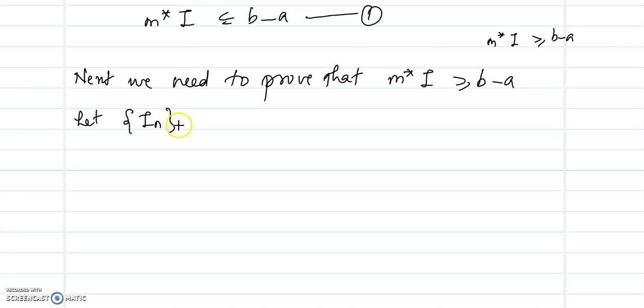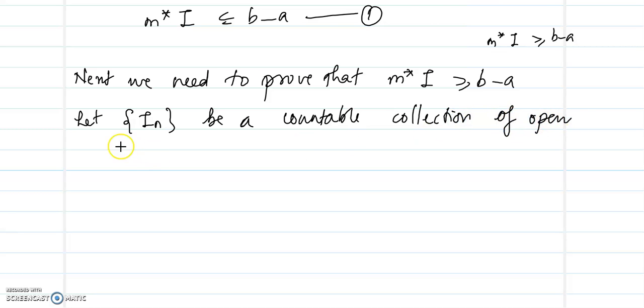Let this be a countable collection of open intervals such that it covers I. So let sequence In be a countable collection of open sets such that I is contained in the union over In, that covers I.